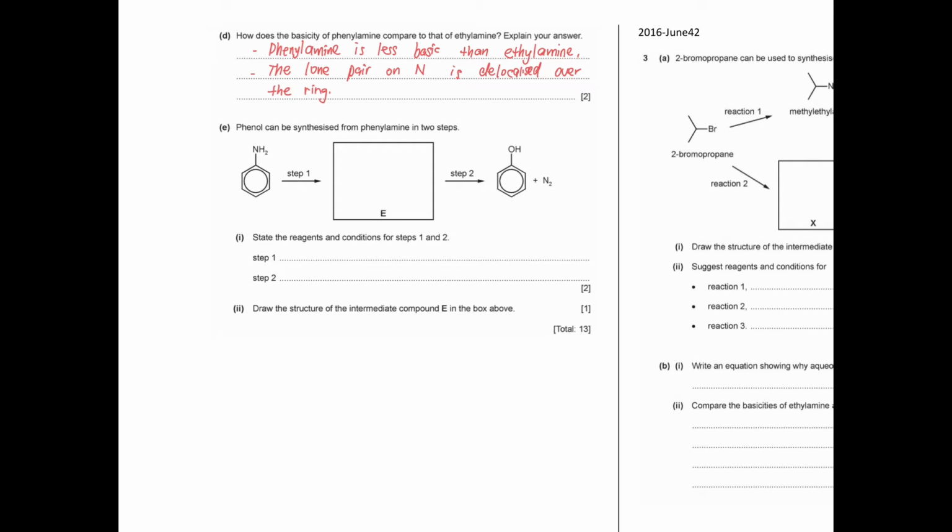Okay, so I fill in the space over there first for structure E. They have to form this structure, the diazonium chloride. To form this, we have to write down the reagent and conditions for step 1. So which is nitrous acid.